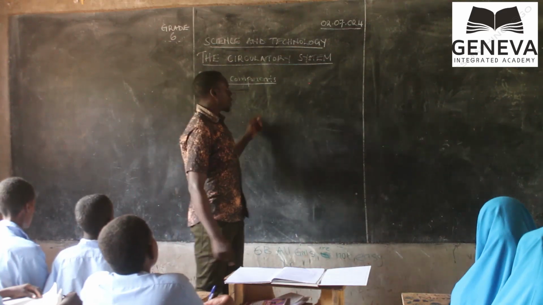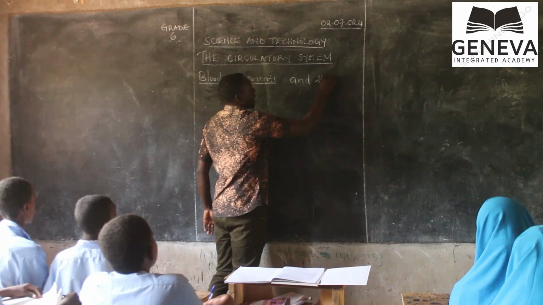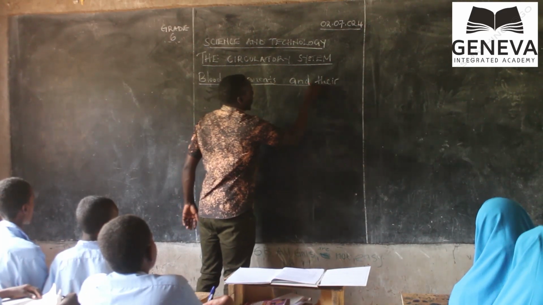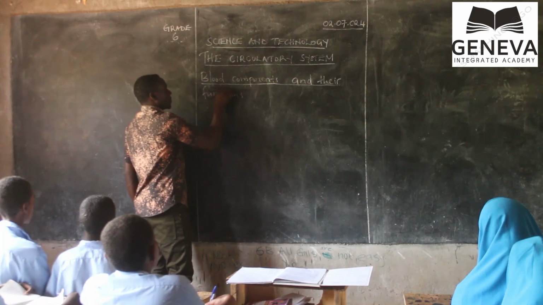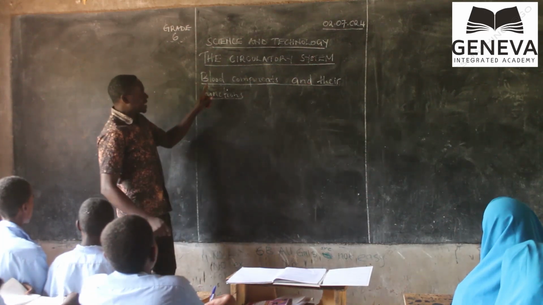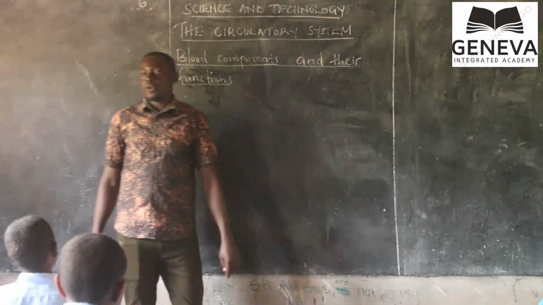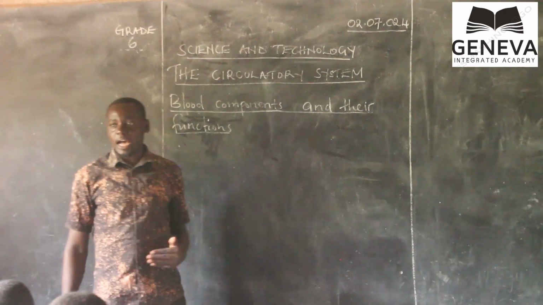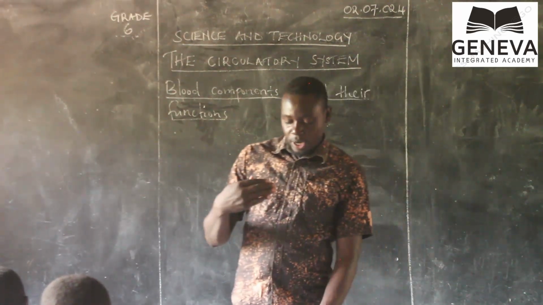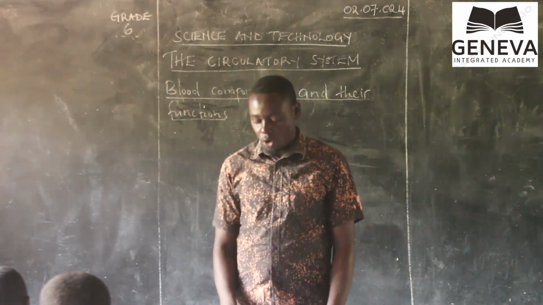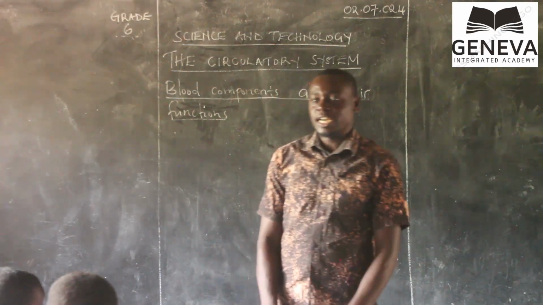Then, after blood components, we shall add their functions. So we shall look at each blood component and its function, one after the other. Now, I hope every time when we are in class, we always say somebody should read ahead of the teacher.